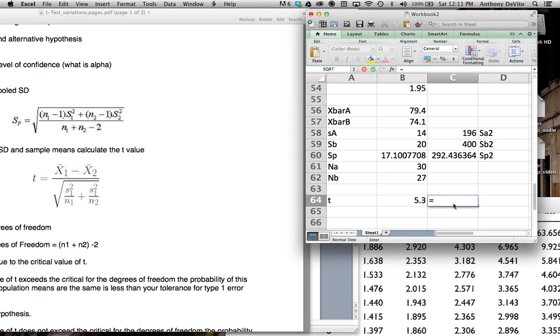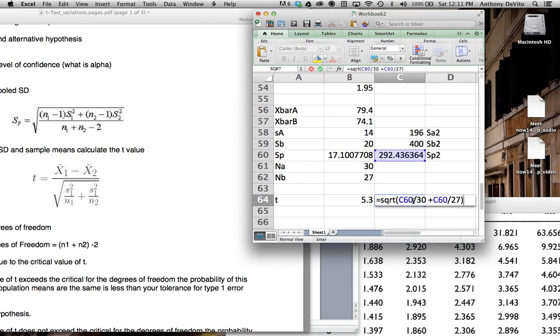It's going to be equal to the square root of, and it's going to get a little sticky here, S pooled squared divided by the sample size 1, which was 30, right, plus S pooled squared again, divided by the sample size 2, which is 27. And I'm going to close parentheses there.